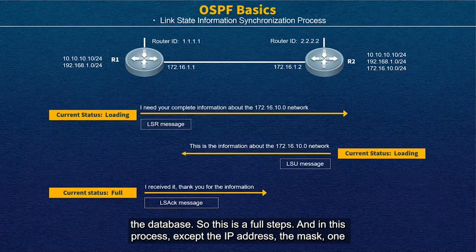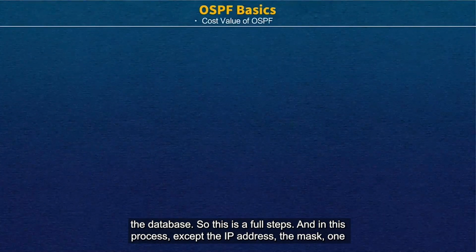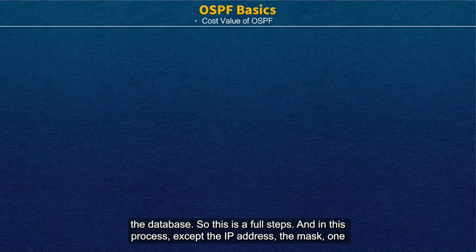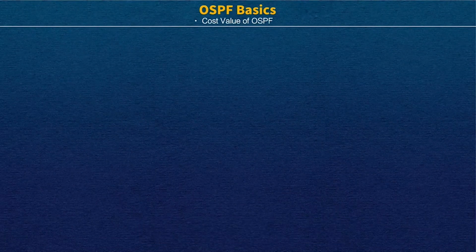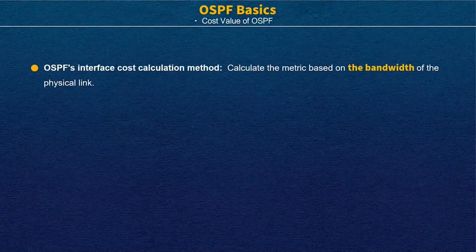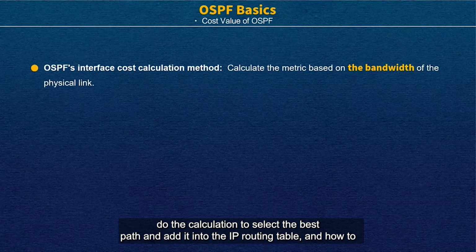So this is the full step. And in this process, except the IP address and the mask, the other important value is the cost value. If we synchronize the LSDB, later we will do the calculation to select the best path and add it into the IP routing table.